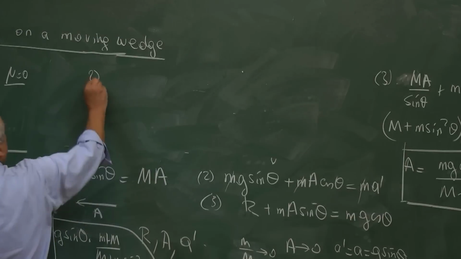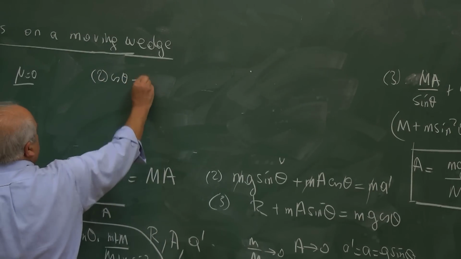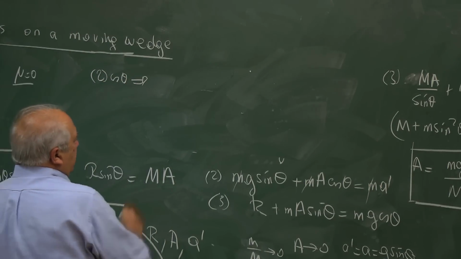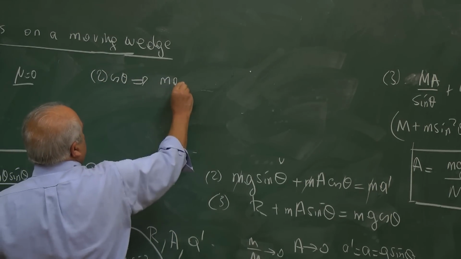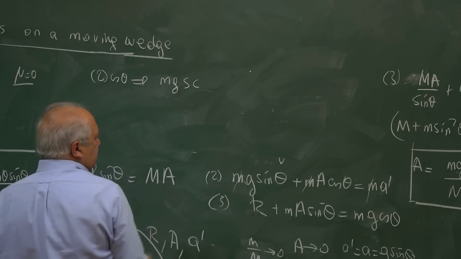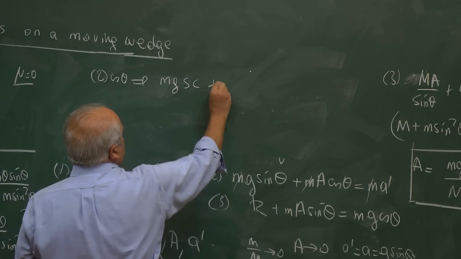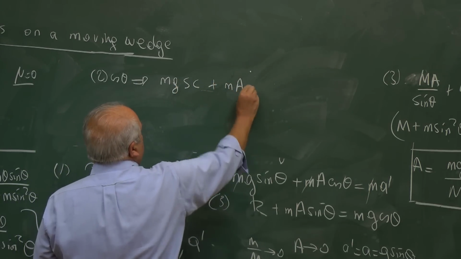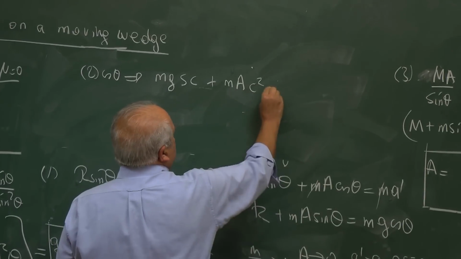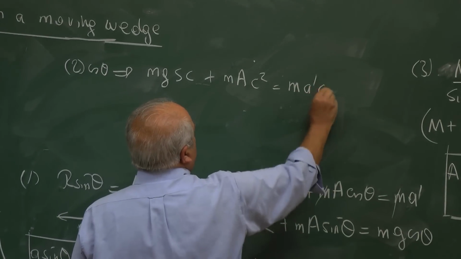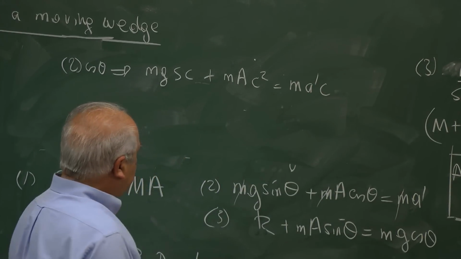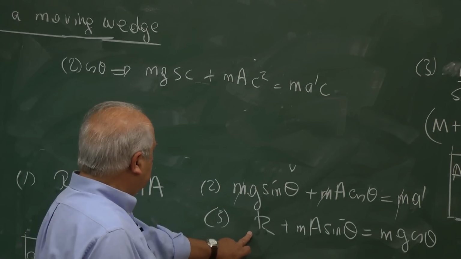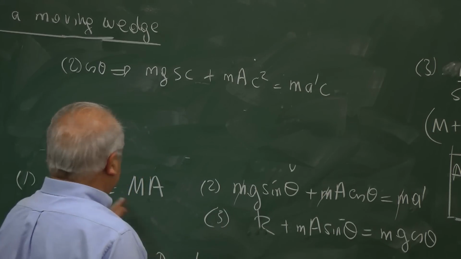So multiply equation 2 by cosine theta. So mg sine cosine plus ma cosine square is equal to ma prime cosine. And multiply this thing by sine. And R sine theta is ma.